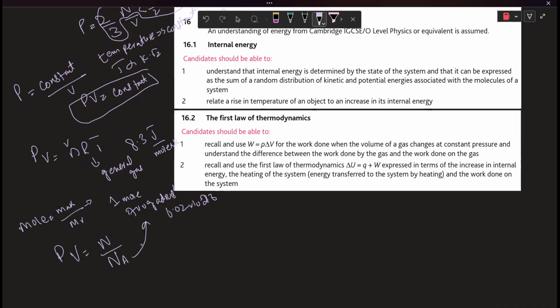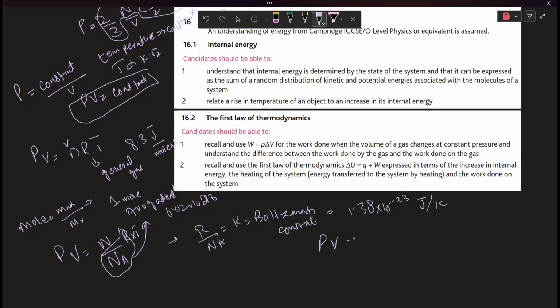Na basically shows Avogadro's number, into R into T. So from here, R over Na gives us the Boltzmann constant, which is K. R over Na is equals to K, the Boltzmann constant, and its value is equals to 1.38 into 10⁻²³ joules per Kelvin.